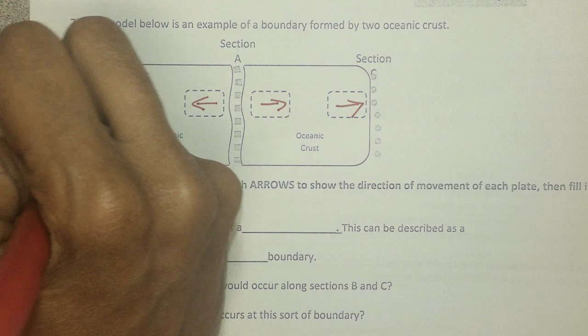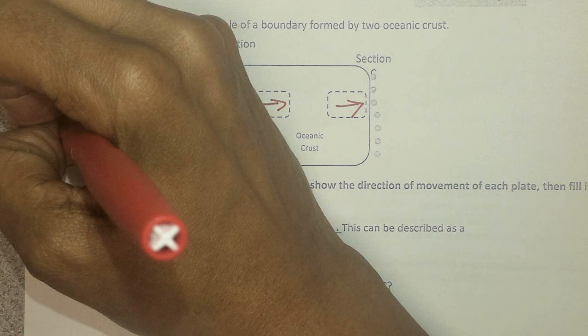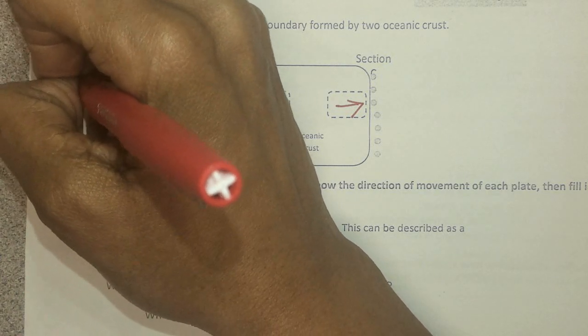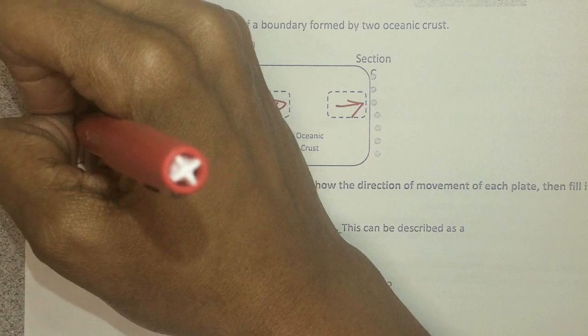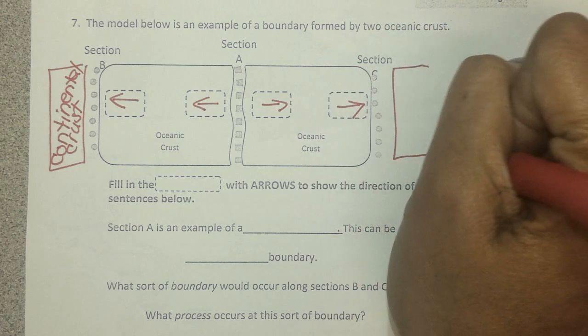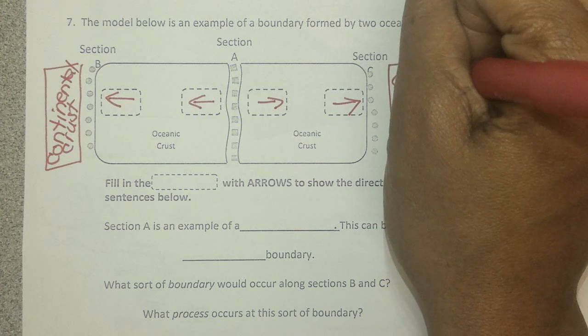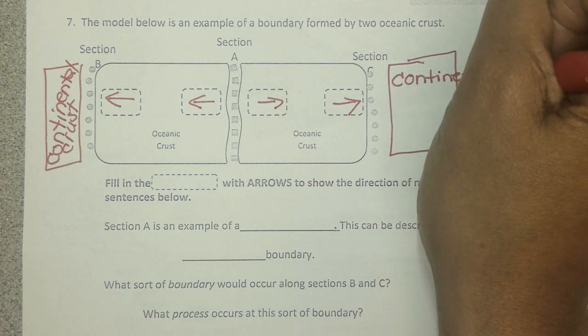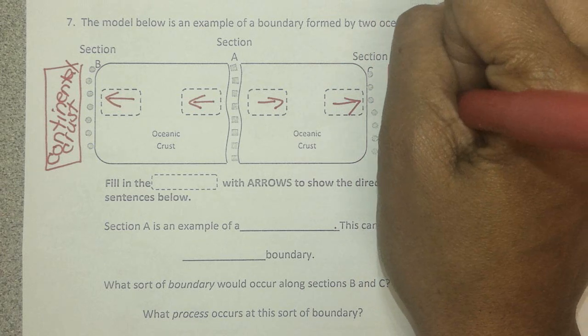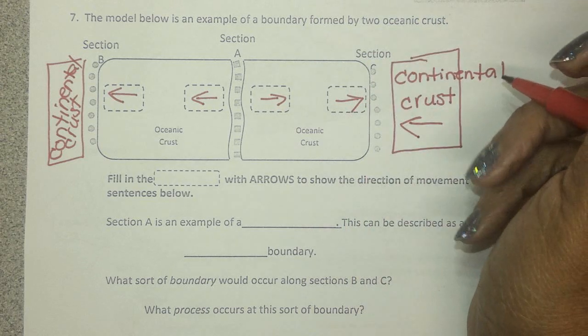Over here, I want you to put continental crust. And over here, I want you to put continental crust. So the continental crust will be moving this way, and this continental plate will be moving this way.